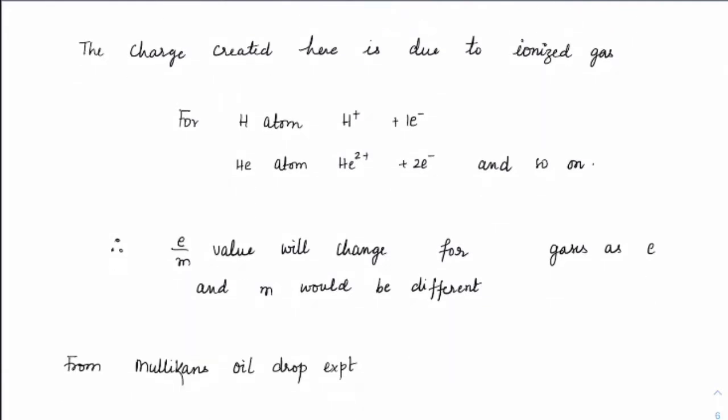So the e by m value of all the gases would be different: hydrogen plus and helium 2 plus would be different. On the other hand, the electron's e by m will always remain constant irrespective of whether it is coming from hydrogen, from helium, or so on.